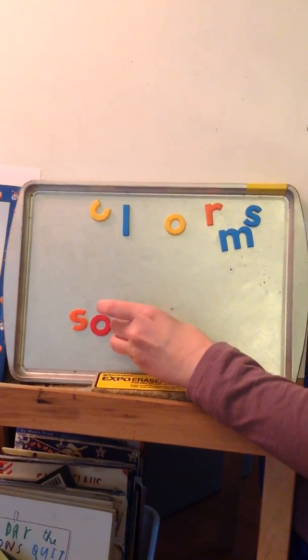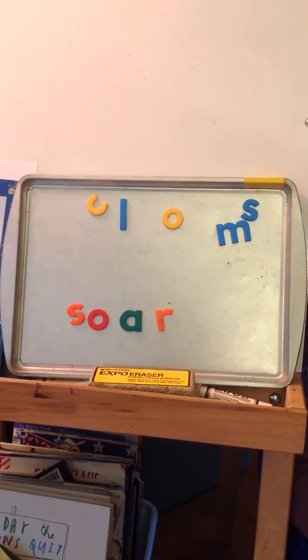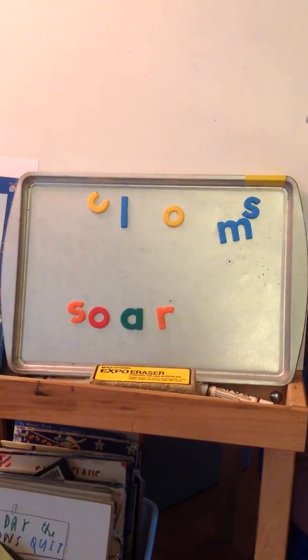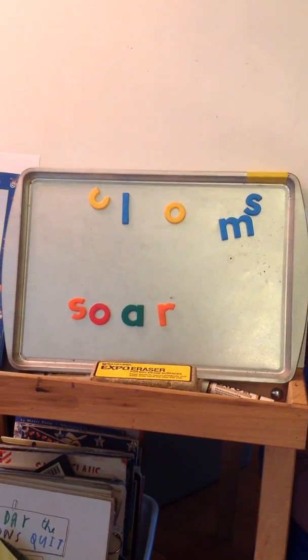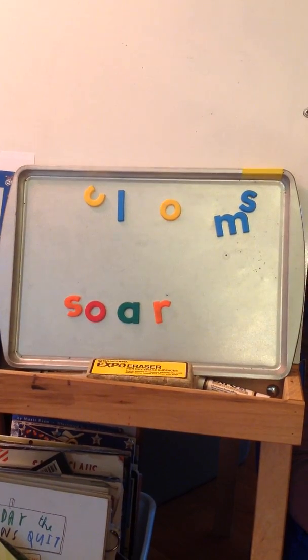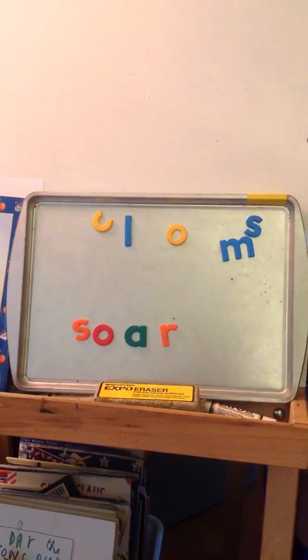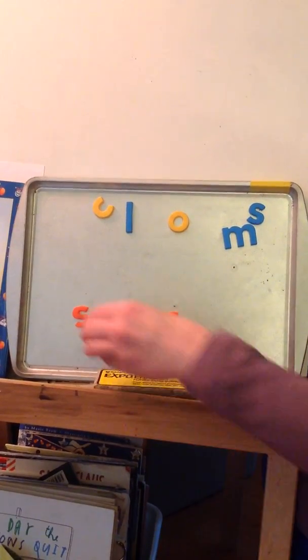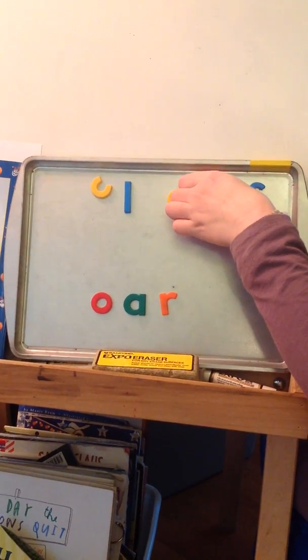Then I'm going to add an A and an R onto the end to make the word soar. If you don't have the word soar, add it to your list. I'm going to take the S off the beginning.